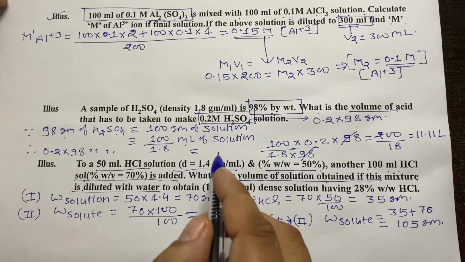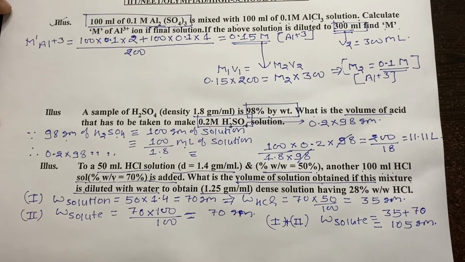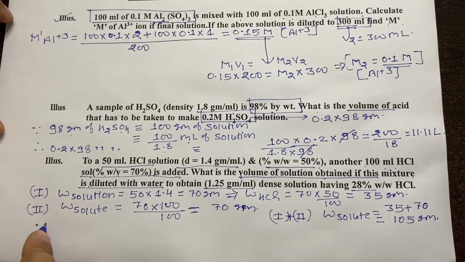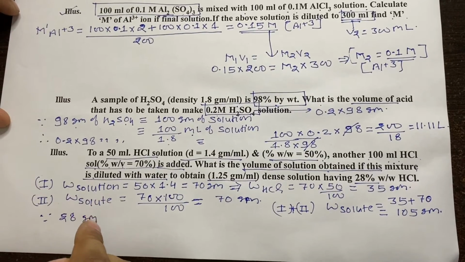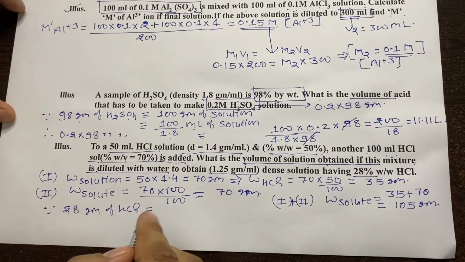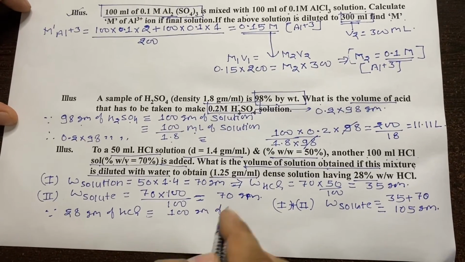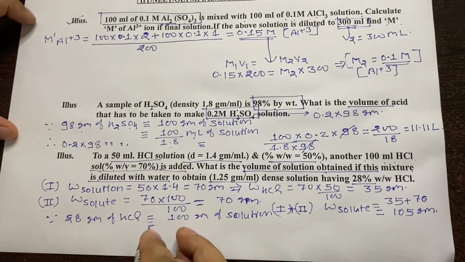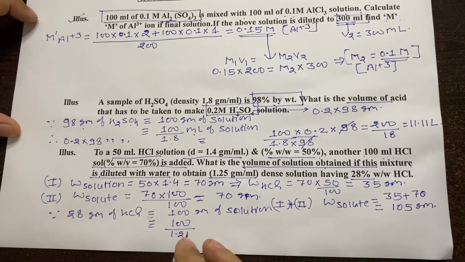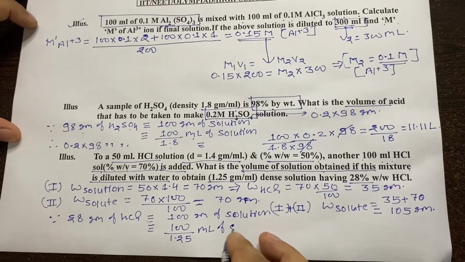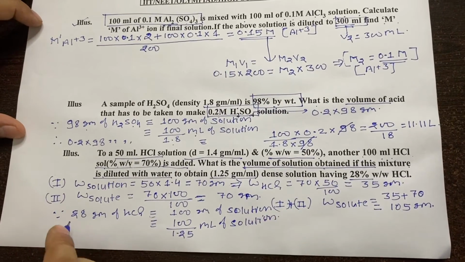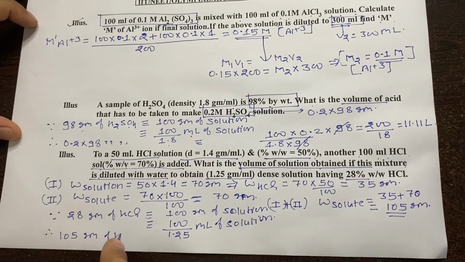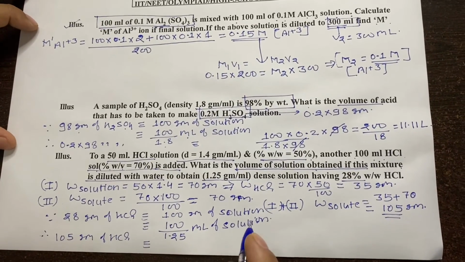We are getting the final solution of density 1.25 gram per ml, which is 28% W by W. So we can say that since 28 gram of HCl is present in 100 gram of solution, or 100 upon 1.25 ml of solution, we can calculate the volume for 105 gram of HCl.